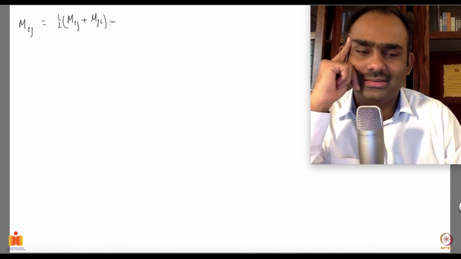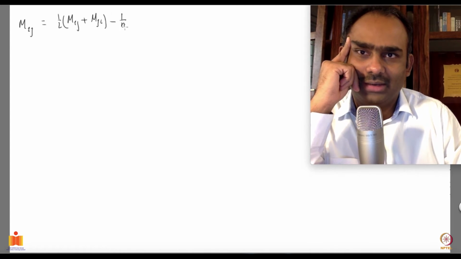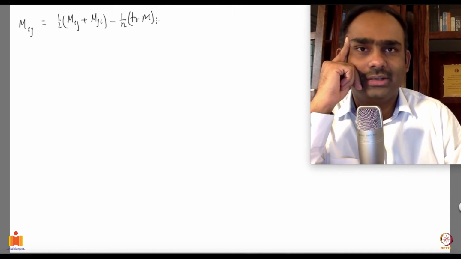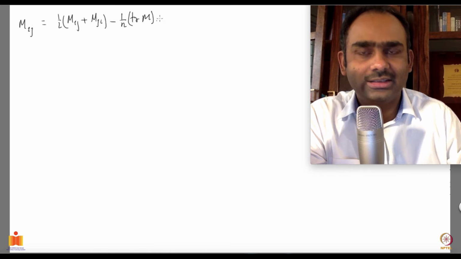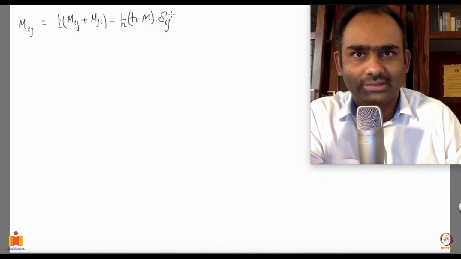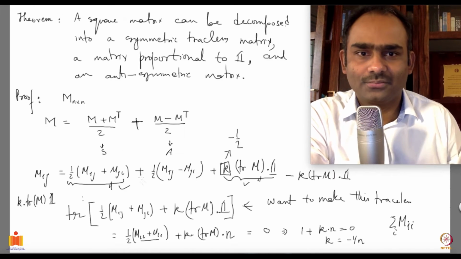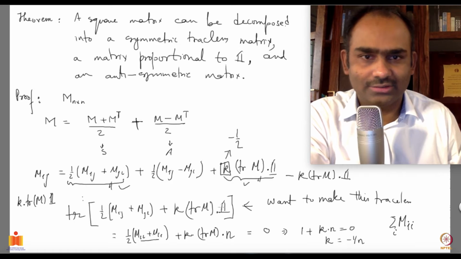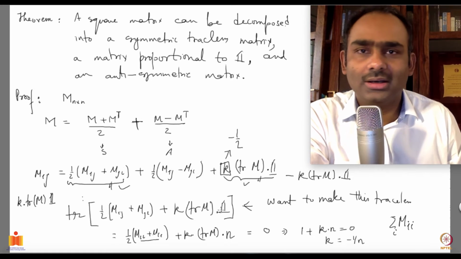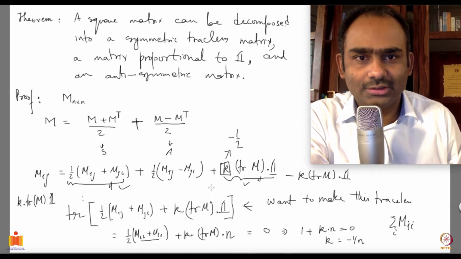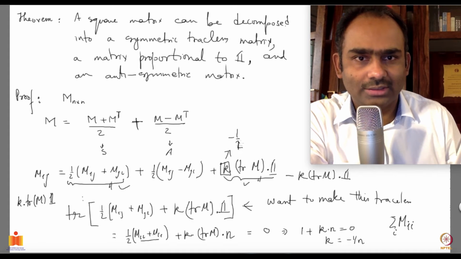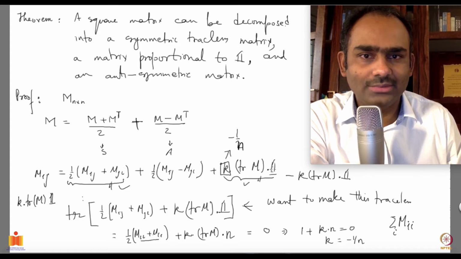Then minus 1 over n, that's what you found, and then you have the trace term, trace of M, and then you have the identity, and identity is delta ij. I'm writing in components. So you see minus 1 by n trace M times identity.